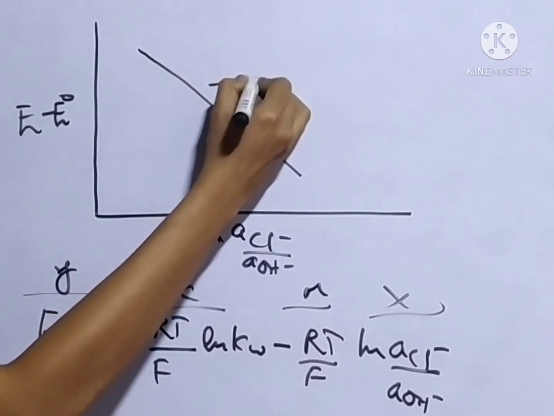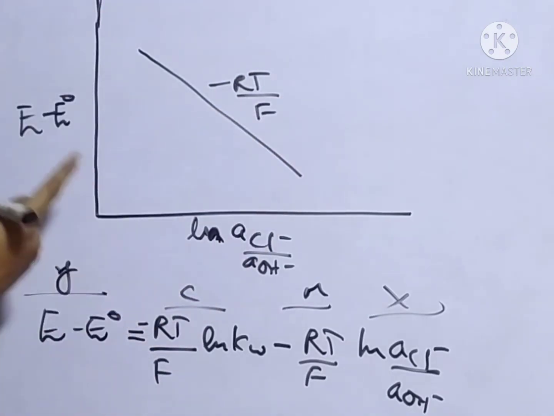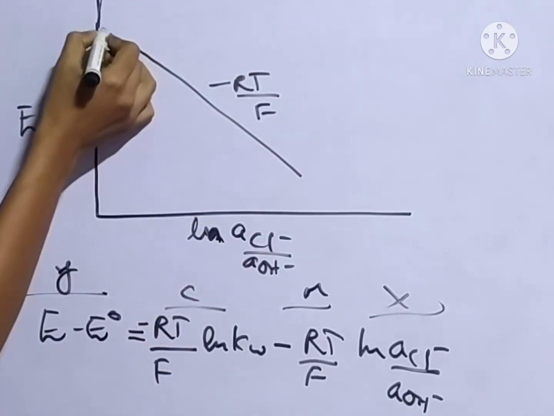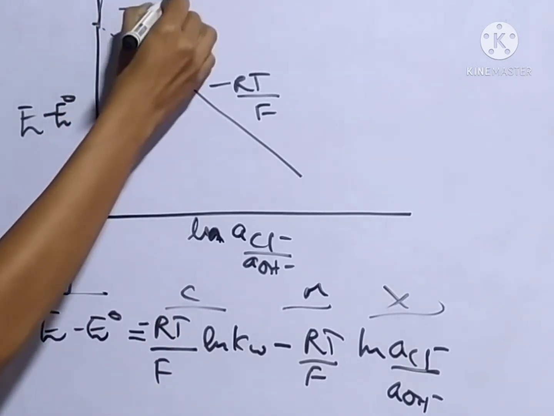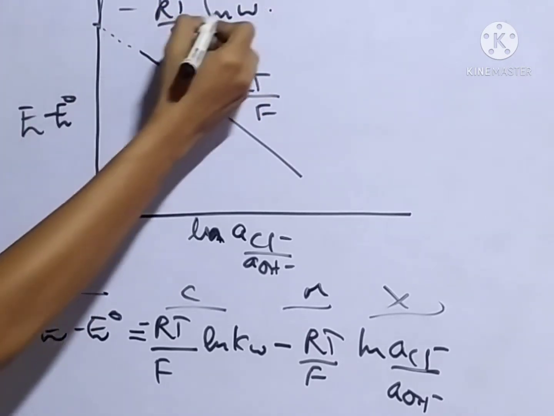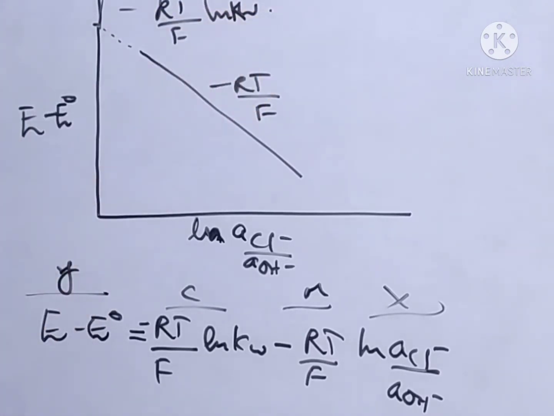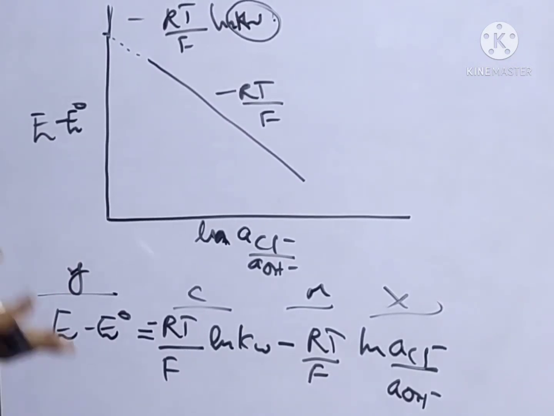The slope is minus RT by F, and EMF value at the infinite dilution will give the intercept value minus RT divided by F ln Kw. So from this we can easily calculate the ionic product of any substance.